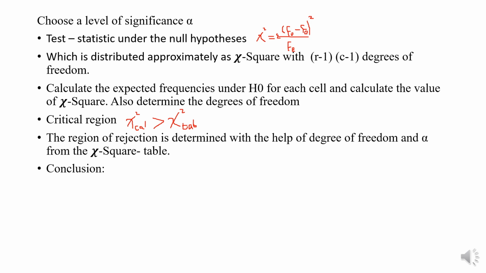So we reject H naught if chi-square calculated is greater than chi-square tabulated, as we already wrote in the critical region. So we reject the H naught.